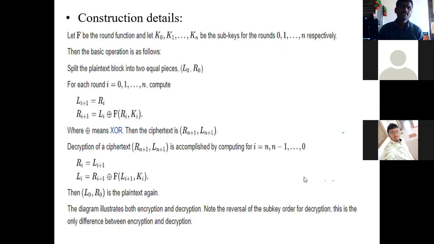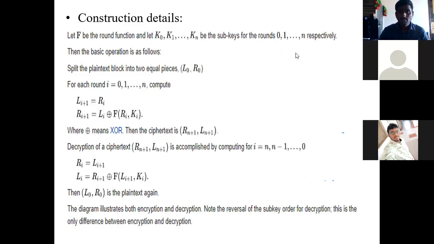Okay, now let us see the construction details, how to construct this in a mathematical representation. Let us try to understand. So here we are taking some round function F, and there are some subkeys K0, K1, K2 up to so on Kn.